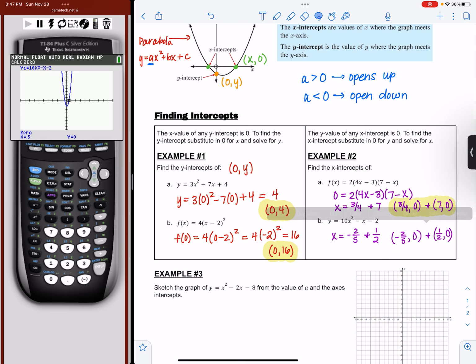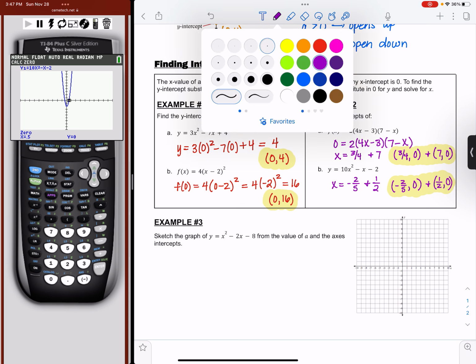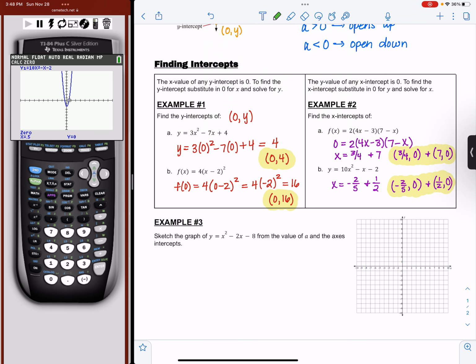All right, so that's how you find your x-intercepts. Now, if we look at example number 3, it says to sketch the graph of y is equal to x squared minus 2x minus 8 from the value of a and the axis intercepts. Remember, the value of a tells you whether your graph should be going up or down.